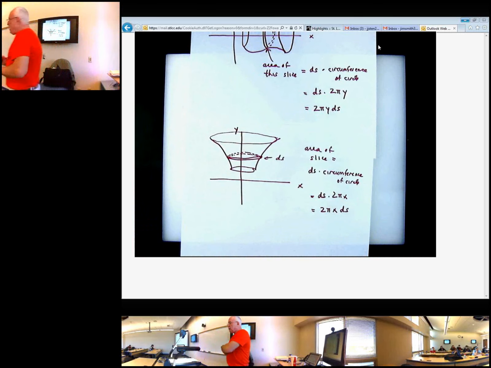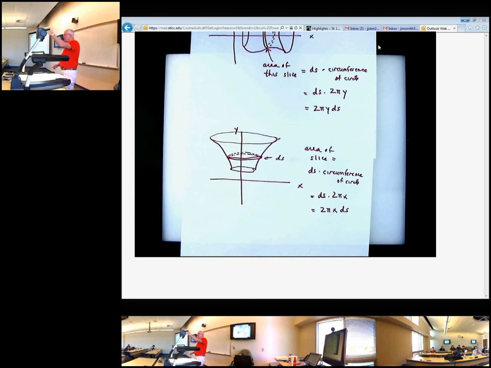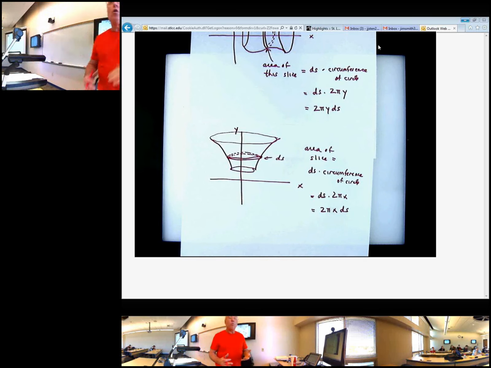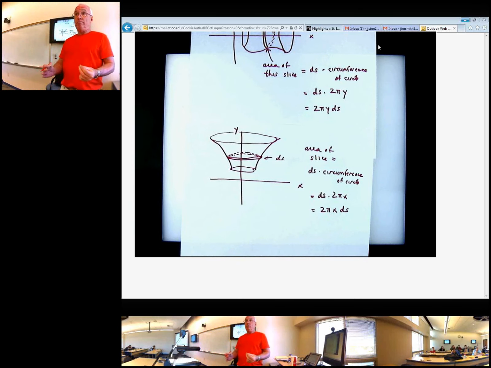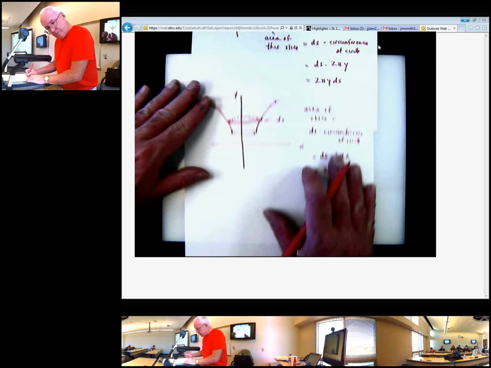So either way, we figured out a way to get the area of a little tiny slice of this total area. Just like you did in Calc 1, when you were figuring out the area under a curve, you basically add all these together and you get an integral. All right? So what we have then is this.